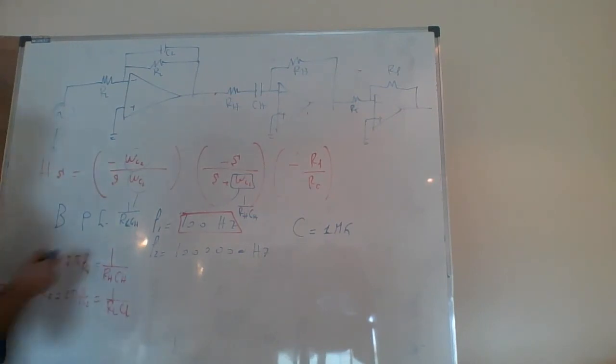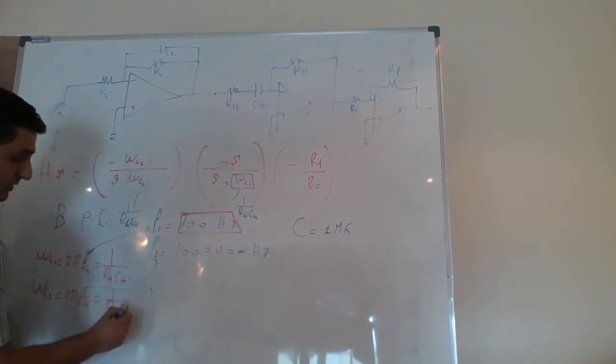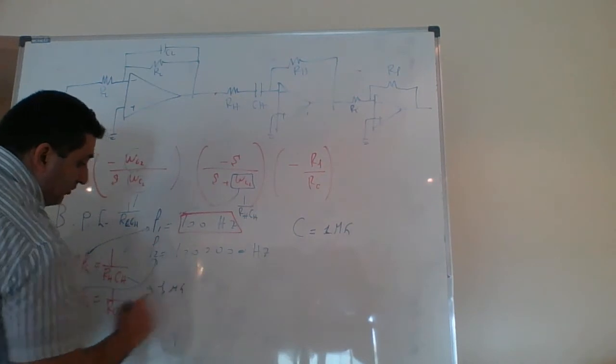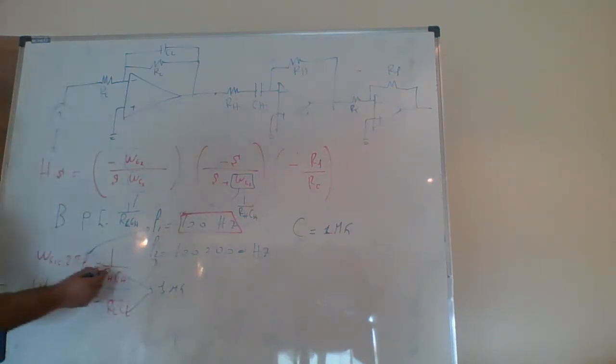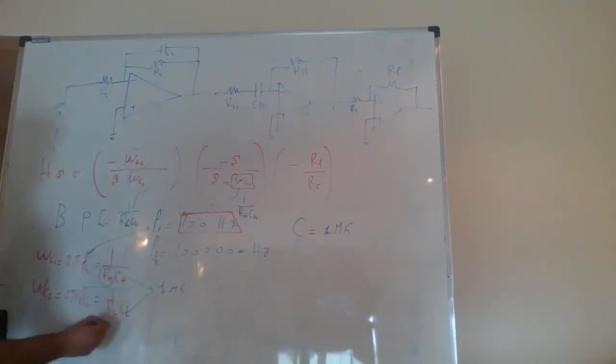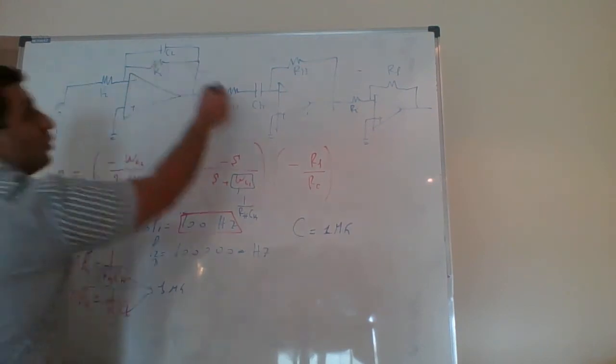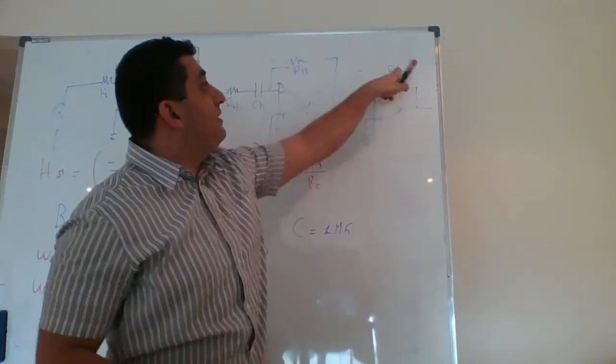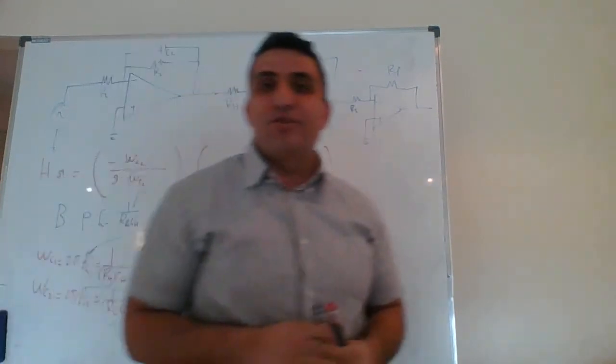Pay attention: these are known, and for both you have only the choice of 1 microfarad. So I can calculate RH and R low and plug in all the numbers. For the gain, I use these two exactly the same, because I need a gain of 1.